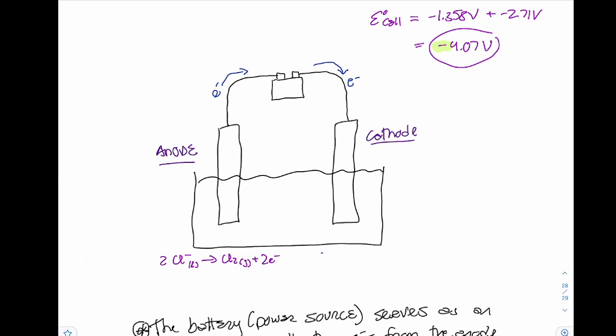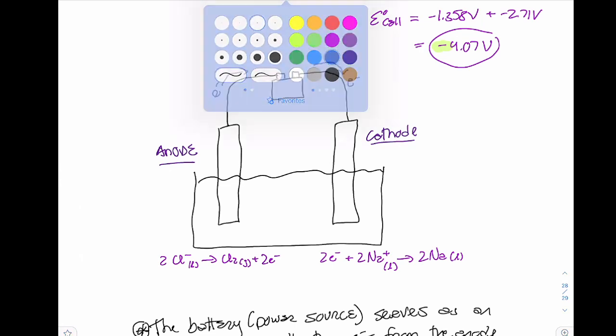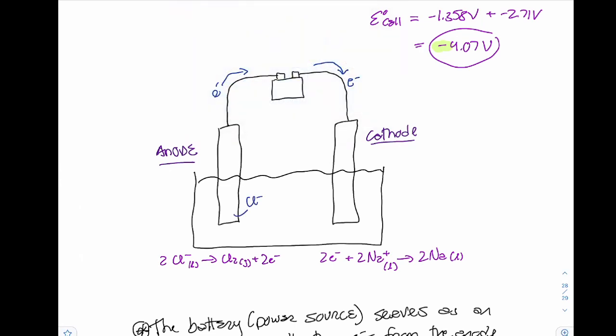And then on this side, my 2 electrons are being added to sodium ions to produce sodium. So I have chlorine going this way and then sodium going this way.